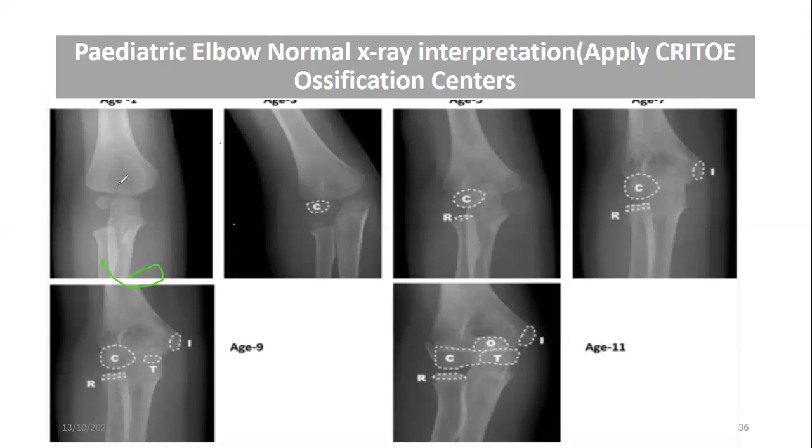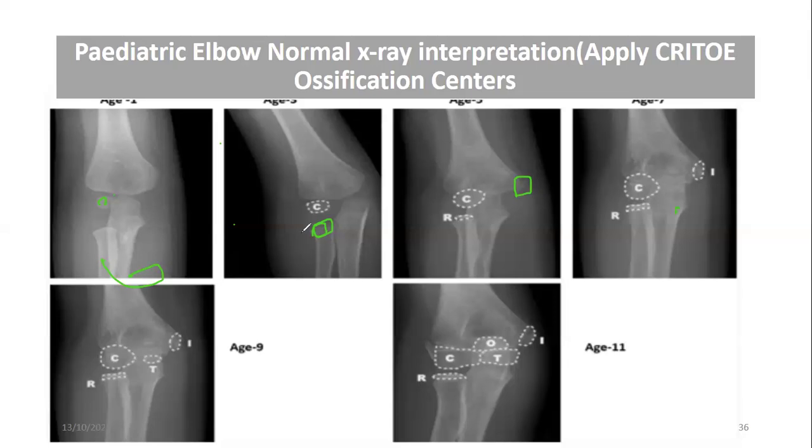In this you can see the capitulum. So that was the radial head. Then it was the internal epicondyle. Then the trochlea.